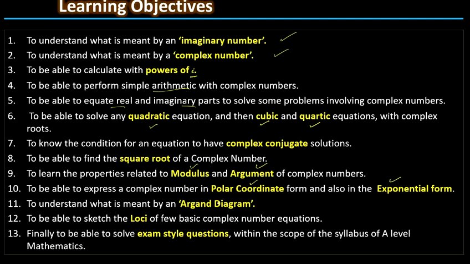Then the Argand diagram and a few sketches, these are loci, and finally some exam style questions. This is the plan for this lecture, and at the end of the lecture that will be your checklist. You have to check whether you have covered these topics or not.